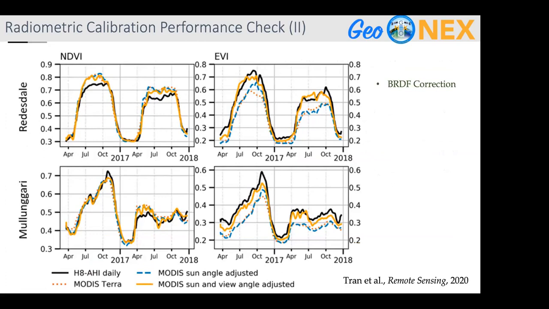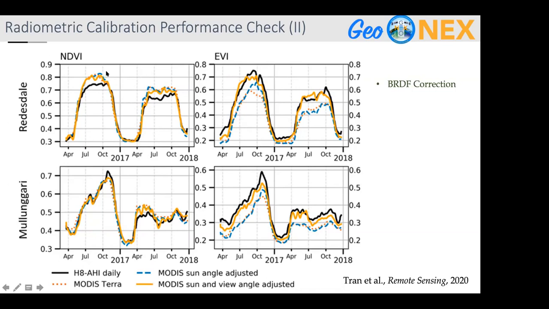You use BRDF models, for instance from MODIS, to correct whatever you measure from the geostationary into the geometry you want, for instance at noon or at some specific solar zenith angle or view zenith angle. And here are the results from a paper by Alfredo's postdoc.